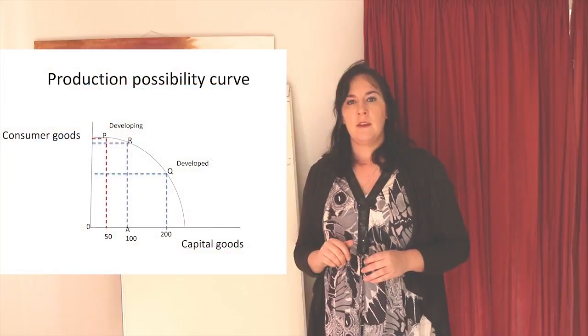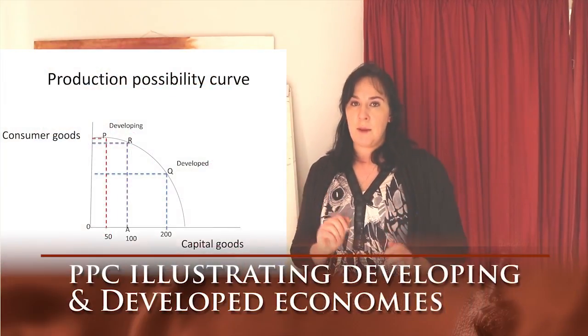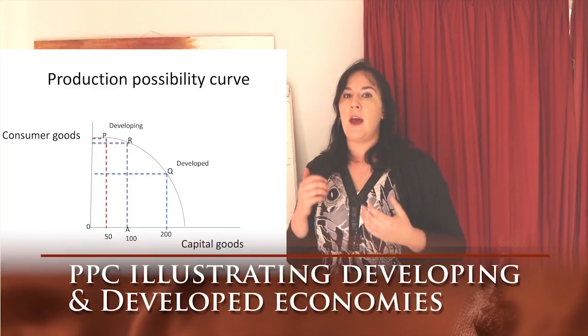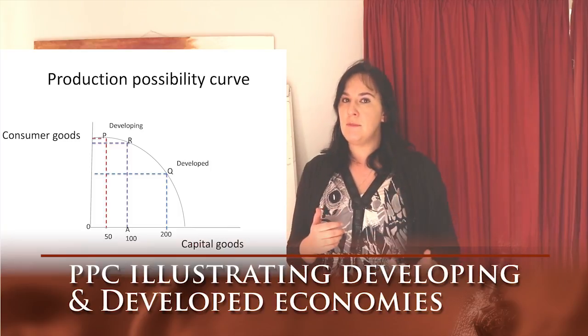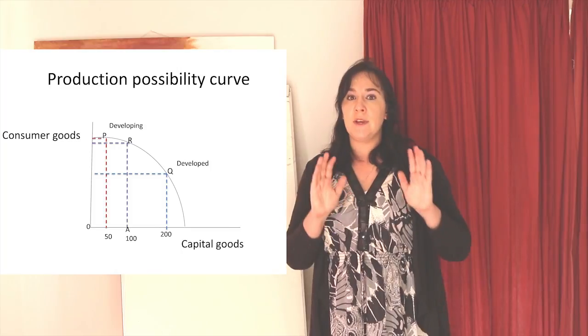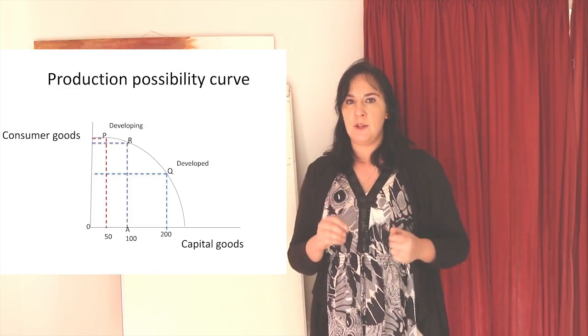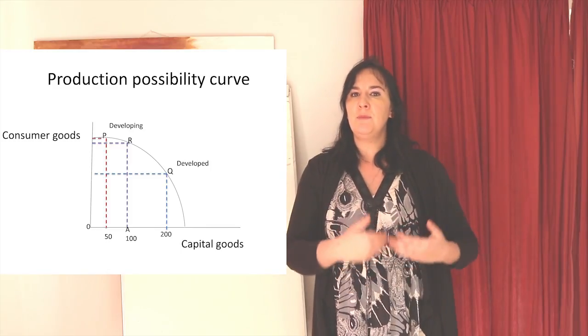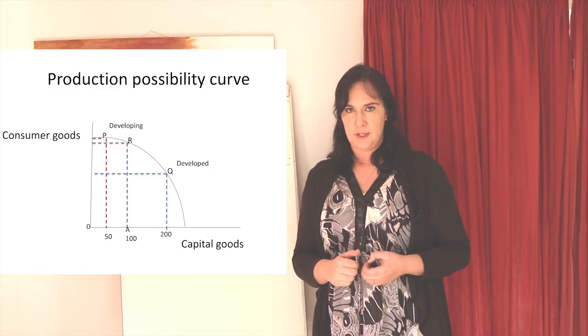I can also use my PPC curve to illustrate whether an economy is developed or developing. So going back to capital goods, my man-made resources, my machinery and my equipment, they are used to produce further consumer goods.